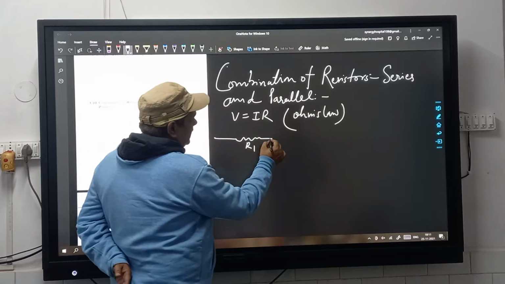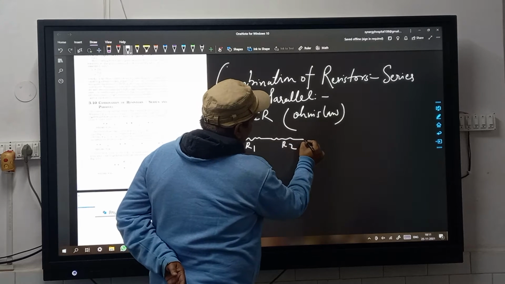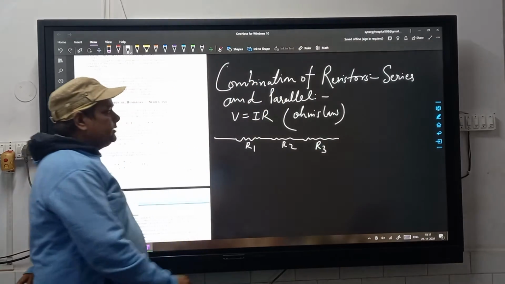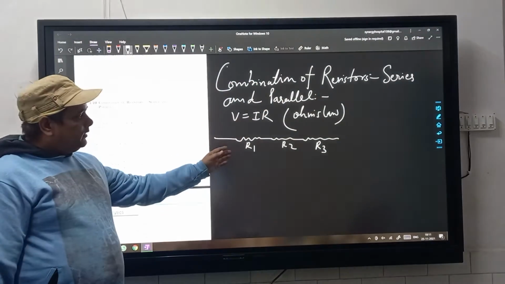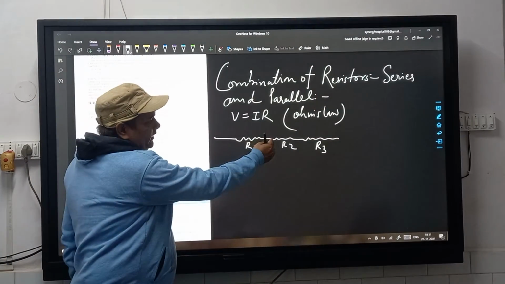R1 and R2, and the third is R3. As we are showing, R1, R2, R3 are connected end to end.